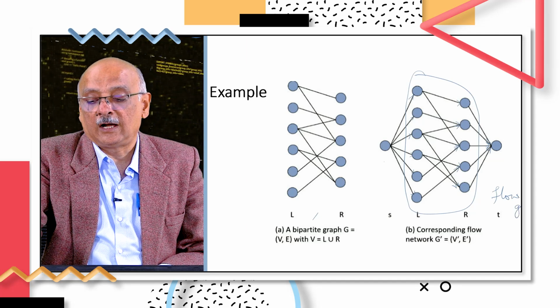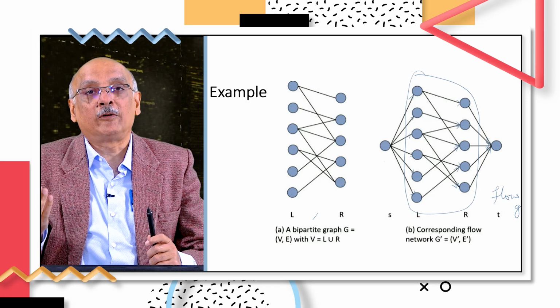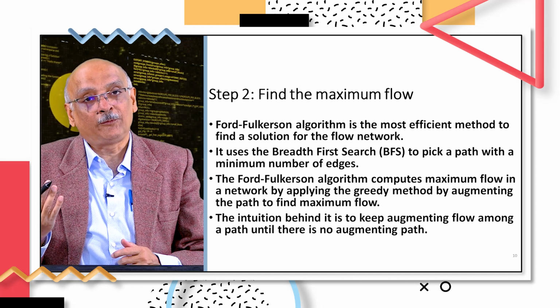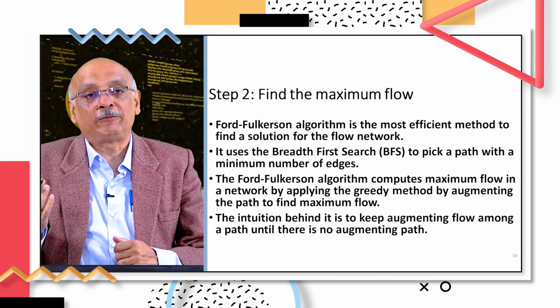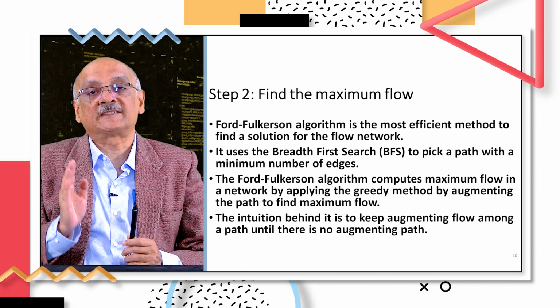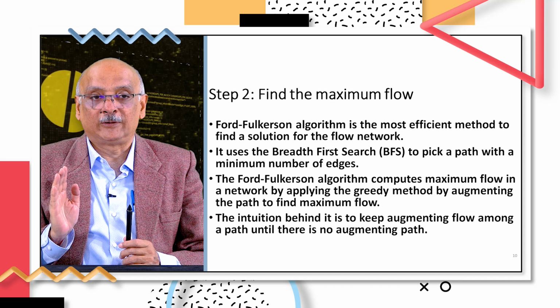And now the next thing we need to do is apply the Ford-Fulkerson algorithm to find the maximum flow. How do we find the maximum flow? The Ford-Fulkerson algorithm is the most efficient method to find a solution for the flow network.